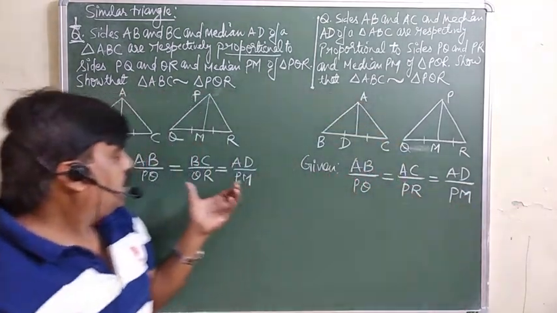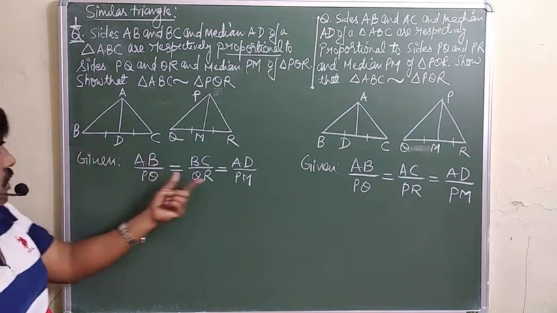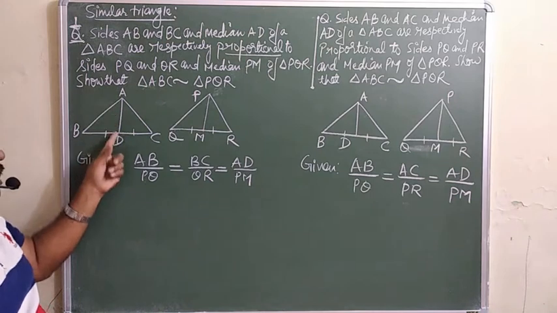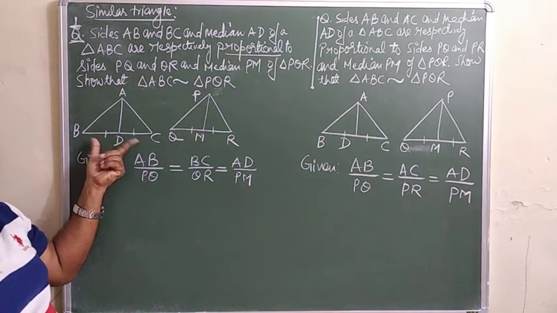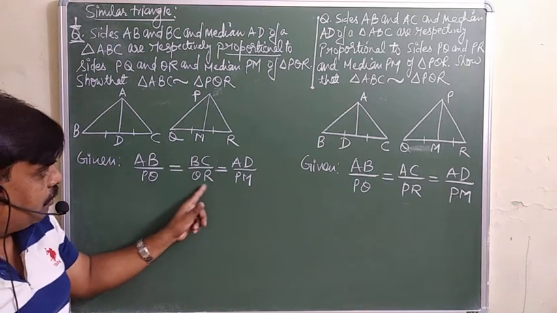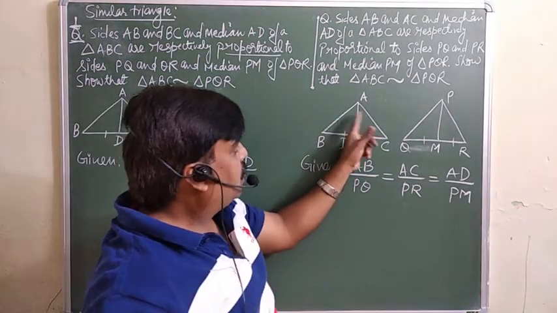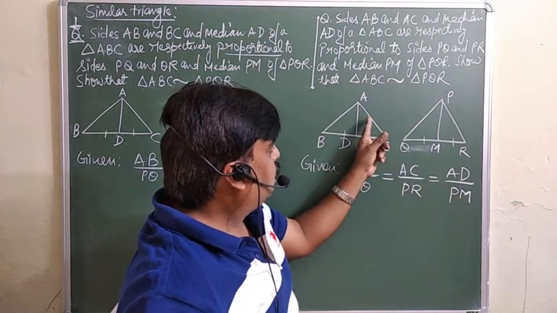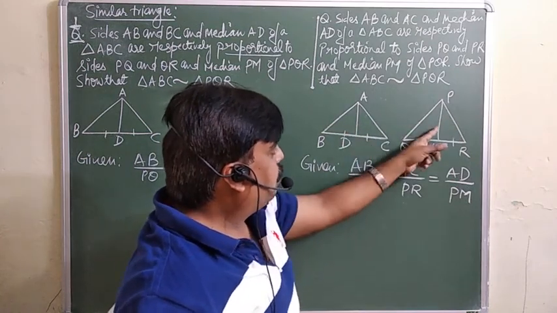In these two questions, the basic difference is here. The side ratio we are taking here includes BC and QR, and the medians AD and PM are bisecting that side. But there, these are two different separate sides. So AB over PQ is equal to AC over PR is equal to AD over PM is given.